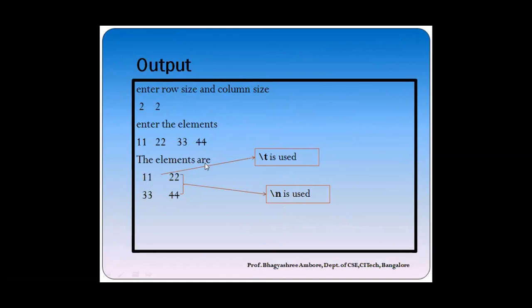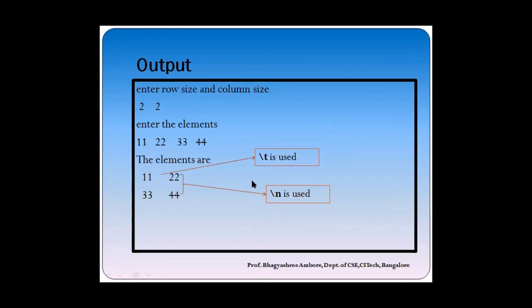I was saying, if I don't write \n, the values will start printing from here. So what I have to do is always start with a new line. So 11, 22, 33, 44. I'm talking about this \n.